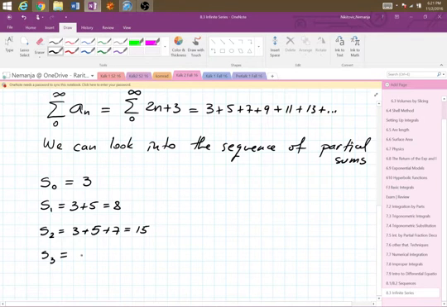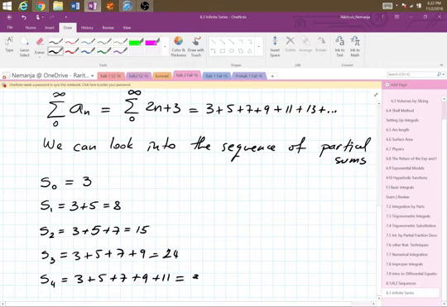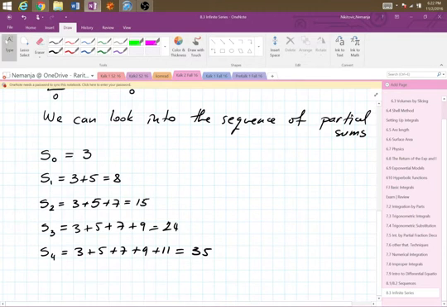S3, 3 plus 5 plus 7 plus 9, which gives us 24. I'll do one more. I'm already tired. The sum of 35, and you can continue with this forever.